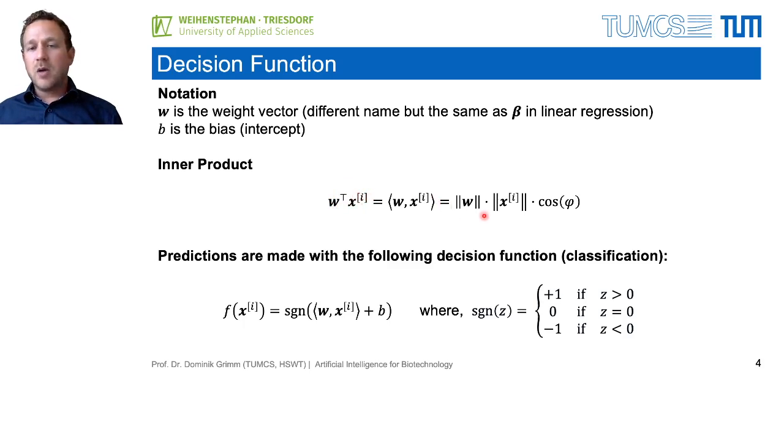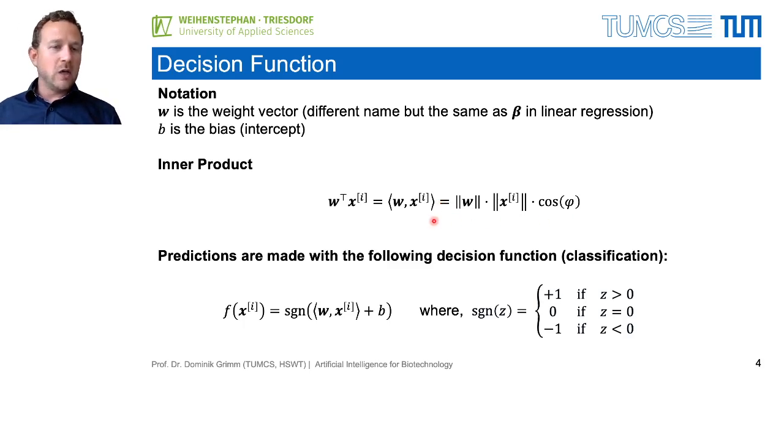This can also be expressed as the length of vector w times the length of the feature vector times the cosine of an angle. So this can also be interpreted in a geometrical way.